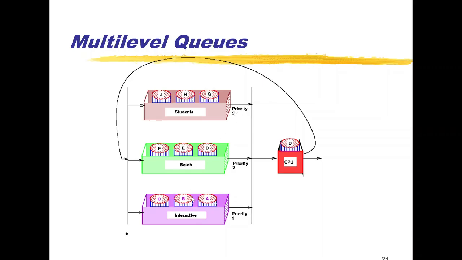What that means is that first, priority 1, the interactive processes, will be allocated to the CPU before priority 2 processes, and then finally the least priority, the student's priority, will be allocated to the CPU to execute. So that's how multi-level queues work.